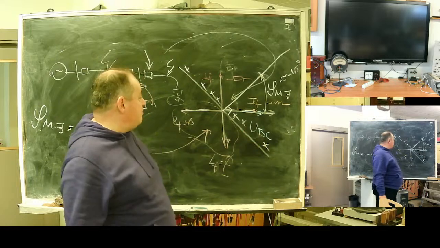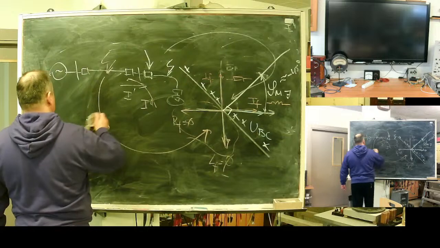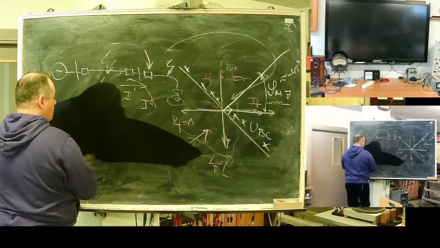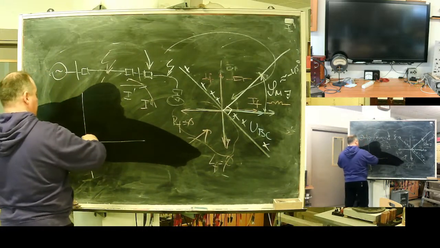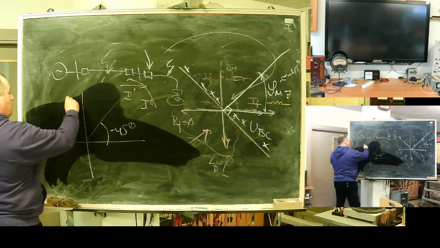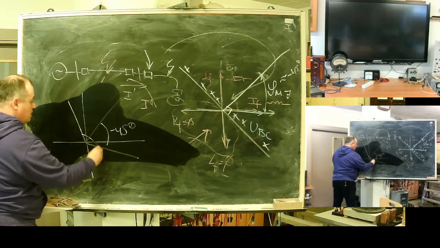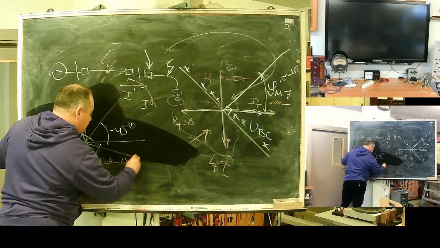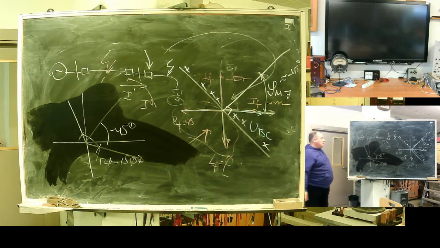Nowadays, to make it a bit more reliable, you can have still minus 45 degrees, but this opening somewhere between 120 and 150 degrees, symmetric.